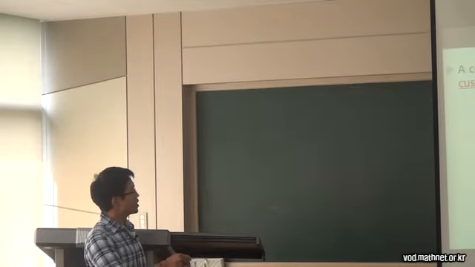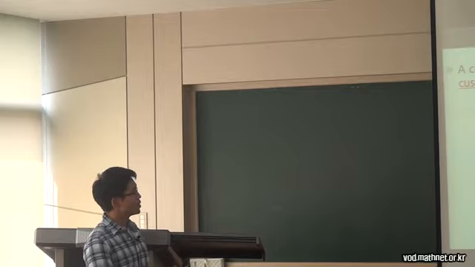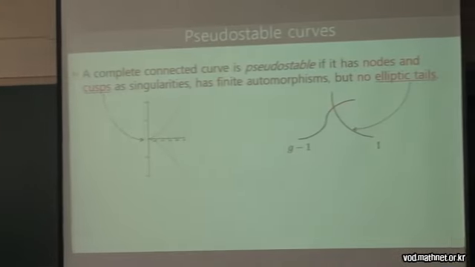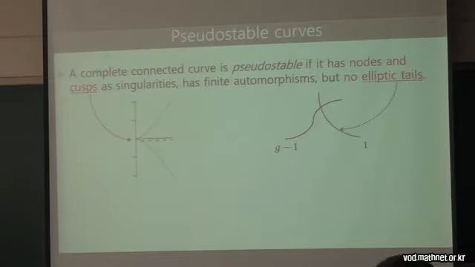Now a cuspidal singularity is also allowed, but it does not allow an elliptic tail, which, as the term suggests, is an elliptic component, a genus 1 subcurve, meeting the rest of the curve in one point. So this is not allowed. This is a new condition. This is a perfectly fine Deligne-Mumford stable curve, but it's not pseudo-stable.